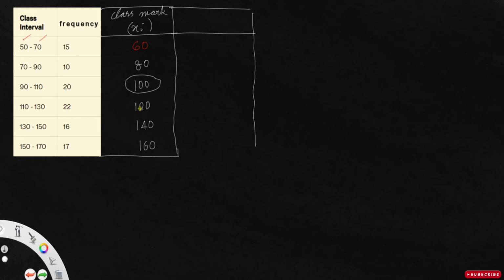It's better we take the first one itself. So let me consider the assumed mean A as 100. Now I have to draw another table, di equal to the difference of xi and the assumed mean, like we discussed in the last example.